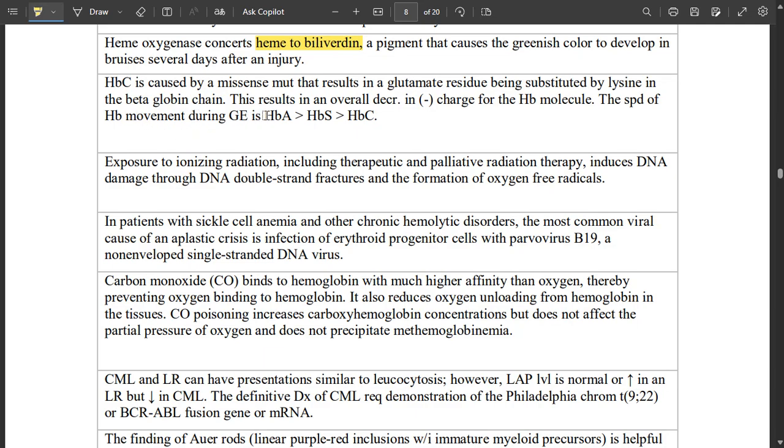Hemoglobin S is neutral at that substitution, so some negative charge is still retained. I was mistaken: lysine is actually positively charged, while valine is neutral. So hemoglobin S moves faster than hemoglobin C. Lysine.